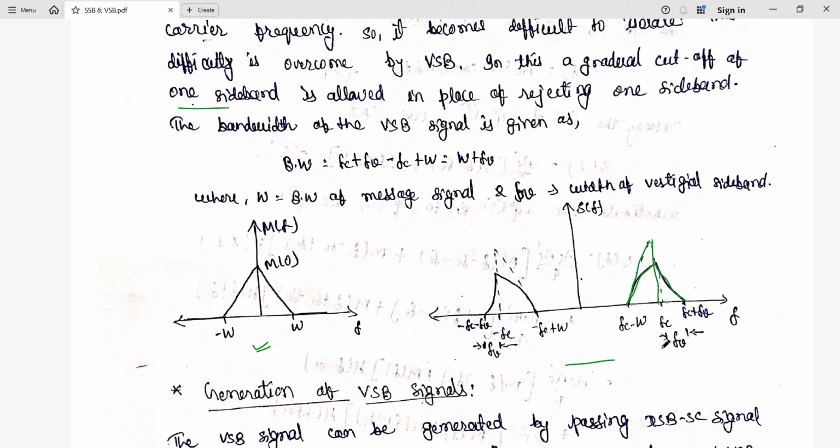That is what is called the vestigial sideband. Here the bandwidth is between Fc minus W and Fc plus Fv. So finally, if we subtract, we get W plus Fv. That is the final bandwidth for the positive frequency. Similarly, we can see it for the negative side also.